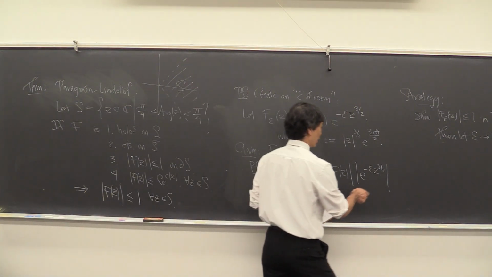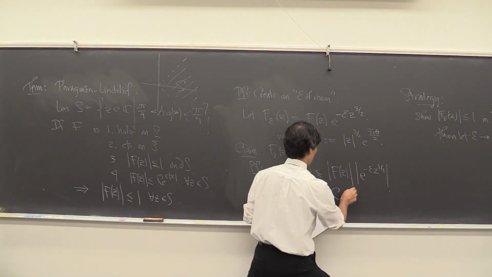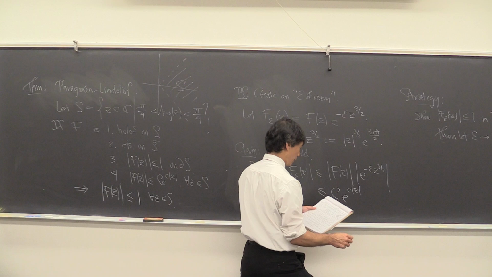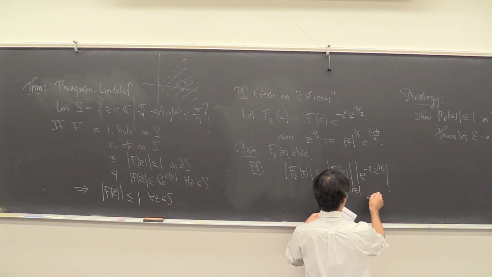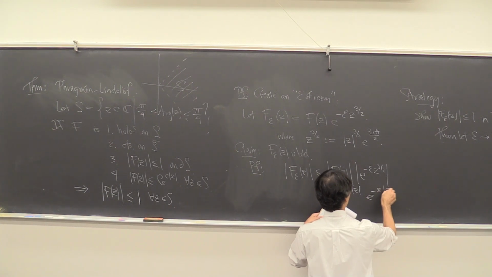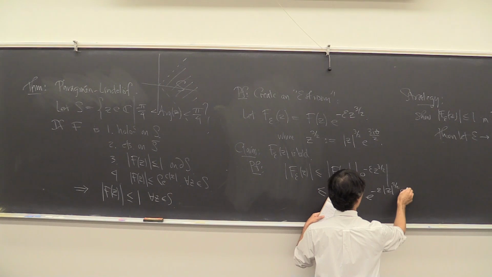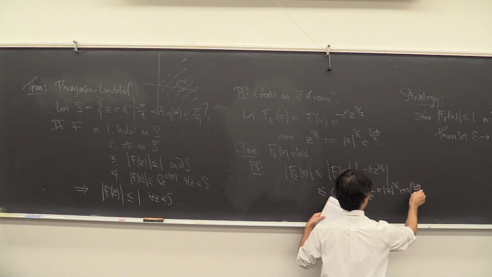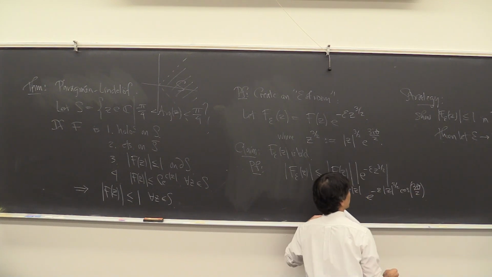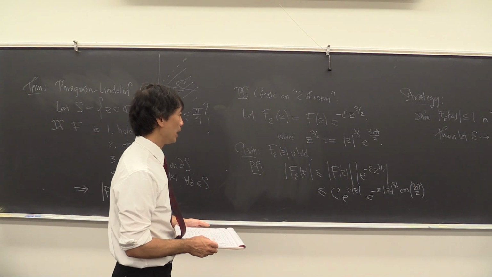We know that this one is controlled by C e to the C|z|, and this other one is e to the negative epsilon |z|^(3/2) times the cosine of 3 theta over 2.